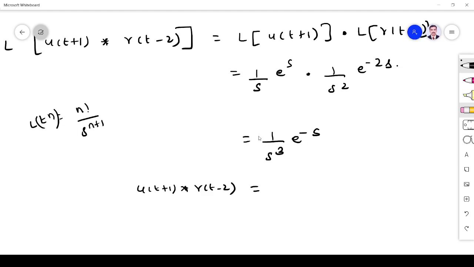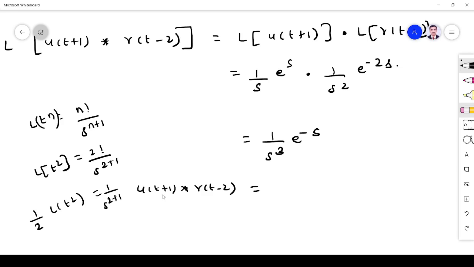Here we have s cubed, so it is 2 factorial divided by s to the power 2 plus 1, the Laplace transform of t squared. So 1 by s cubed means 1 by 2 times L of t squared.